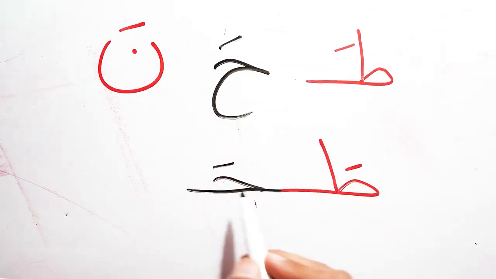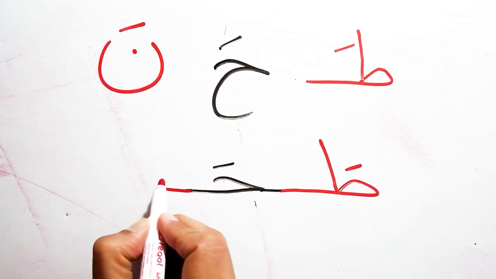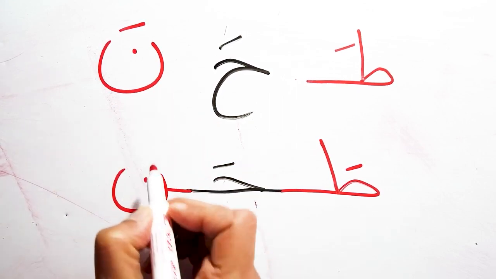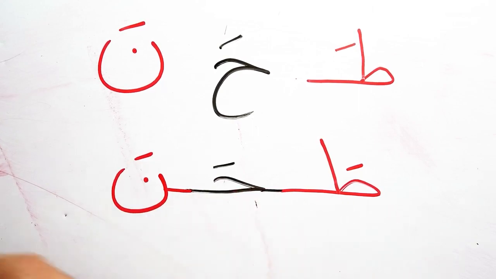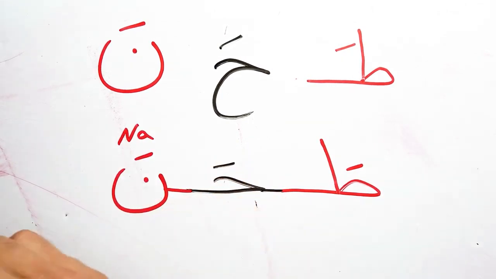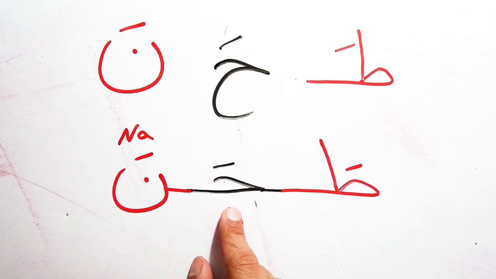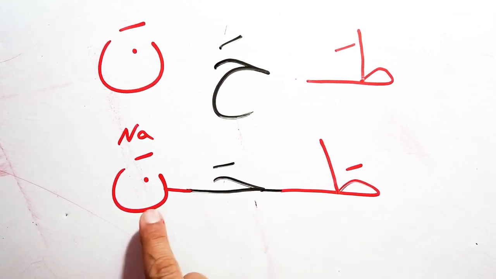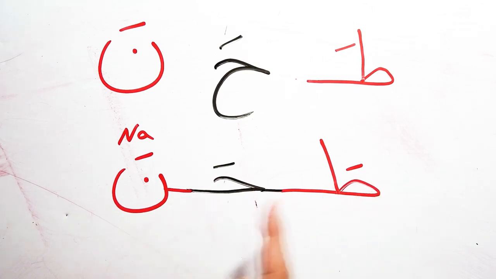And finally we have na in the end of the word. Na, pa, ha, na. This one sounds like this. Na. We don't have this sound in English, and this one as well. Ta, ha, na. Ta, ha, na.